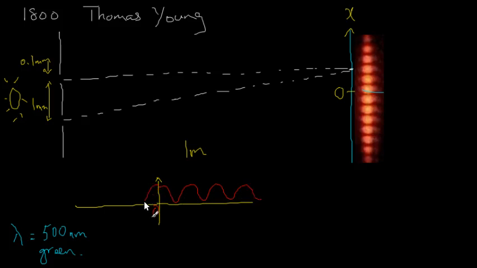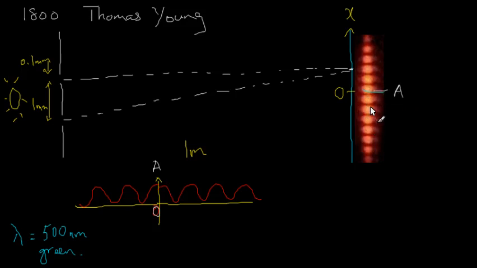Likewise for this other side. So let me label this a little bit. This one at the center is the center fringe. I'll call that A.